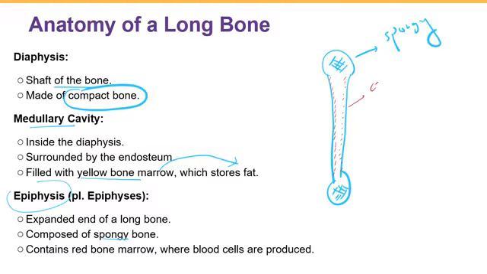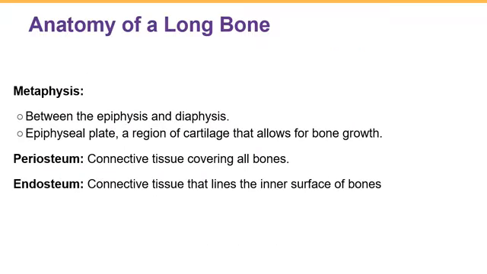And then inside we are going to have our medullary cavity, where the yellow bone marrow would be found. Okay, and then we talk about the metaphysis, which is a region between the epiphysis and diaphysis.